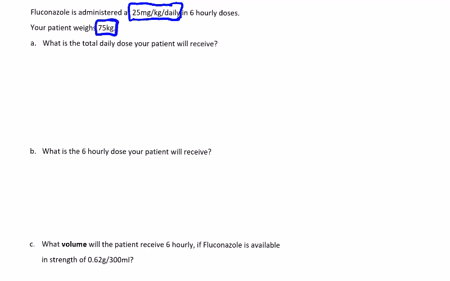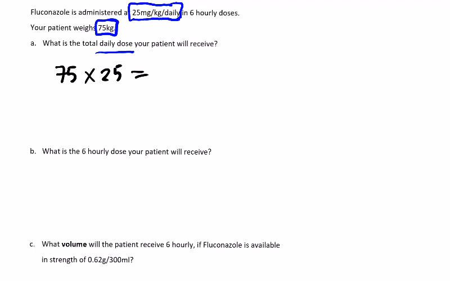So the first thing we need to do for the first question, which asks what is the total daily dose your patient will receive, is simply determine how much that person weighing 75 kilograms needs to receive. So all we need to do is basically multiply the weight of the patient by the 25 milligram per kilogram.